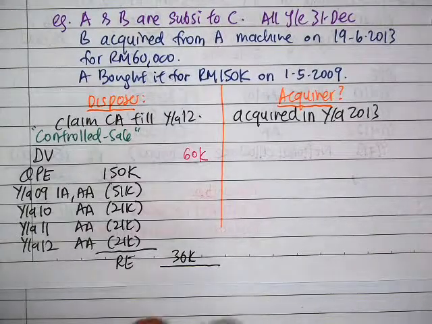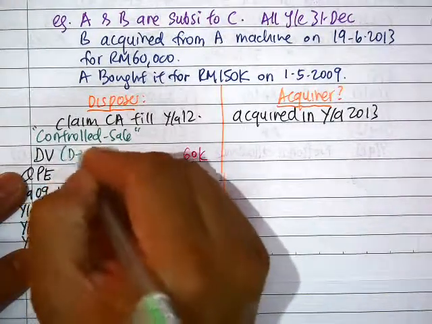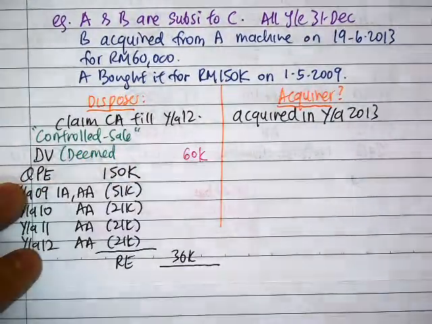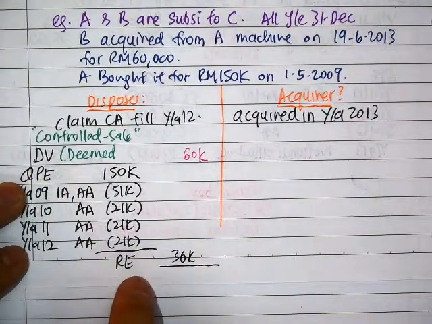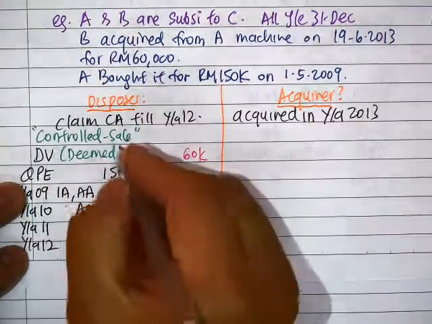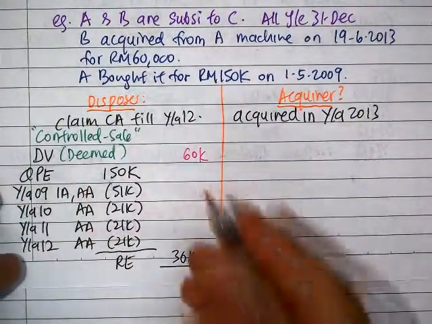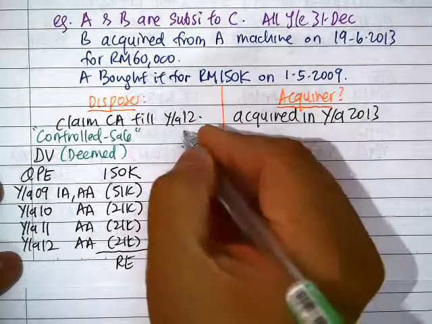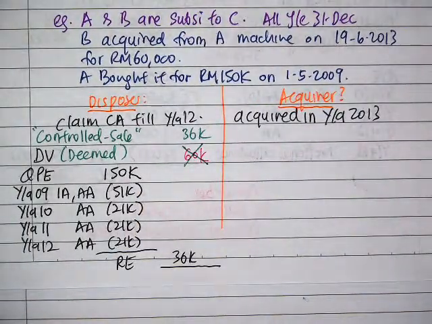We will treat the disposal value as deemed to be at your RE. That's what we say, right? You dispose at your own RE. So it will not be 60. It will be 36. Now I'm going to show you the figure as well, because once Miss Yong asked about control sale, but the student only explained the concept.